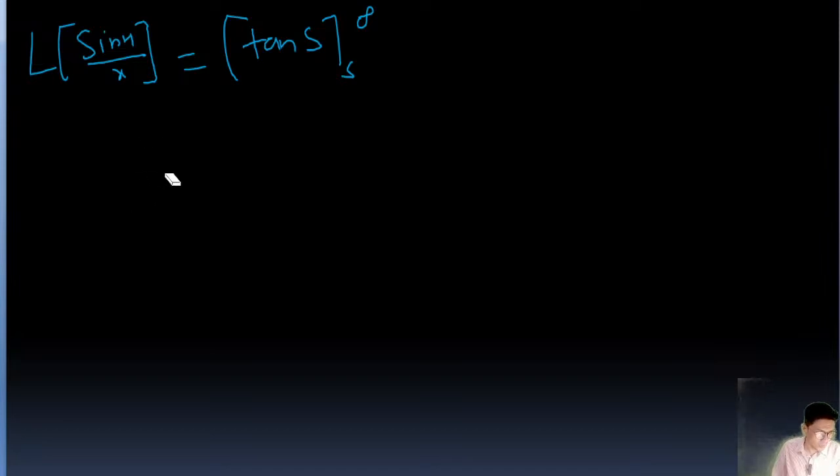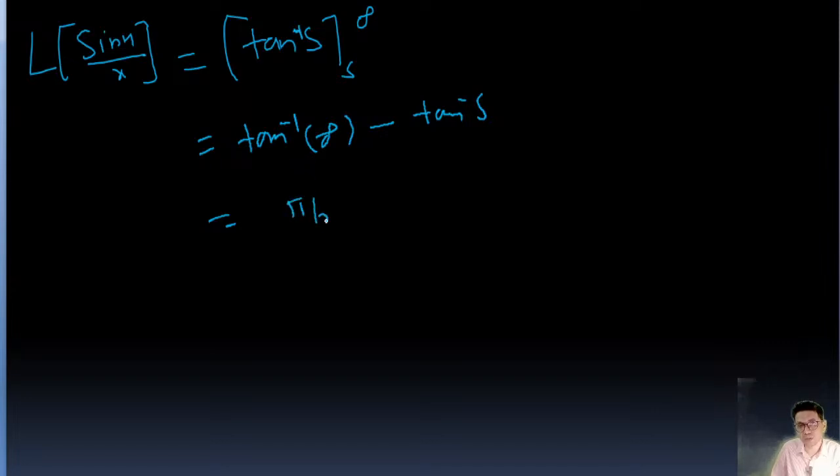So this will be tan inverse infinity minus tan inverse s. Okay, tan inverse infinity value is pi by 2, guys. Okay, so pi by 2 minus tan inverse s.